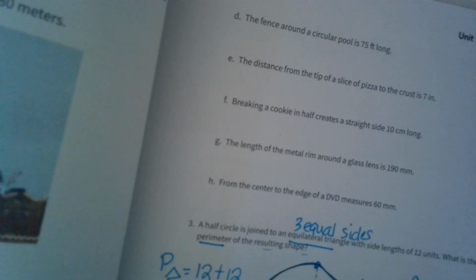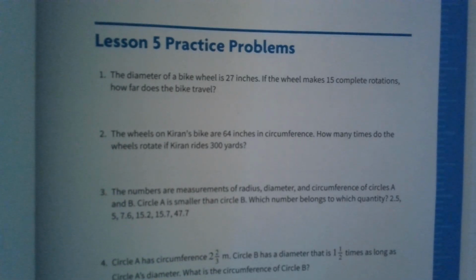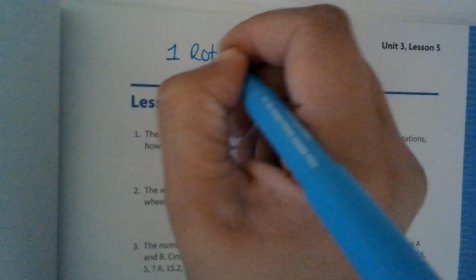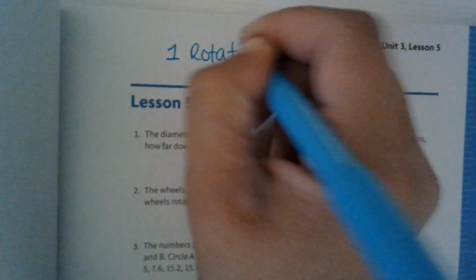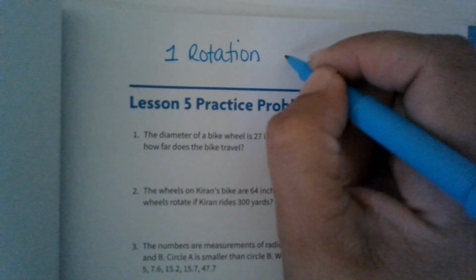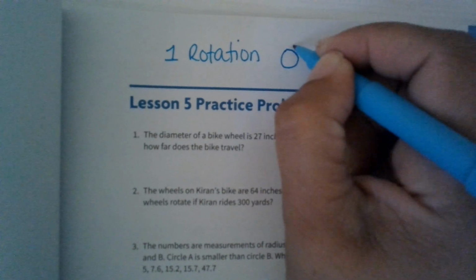Okay. The next page is page 49. All right. This one we were talking about rotations. Now, we're only going to answer 1 and 2 and number 4 on this page. But I want you to understand something. Rotation means a spin all around a circular object.